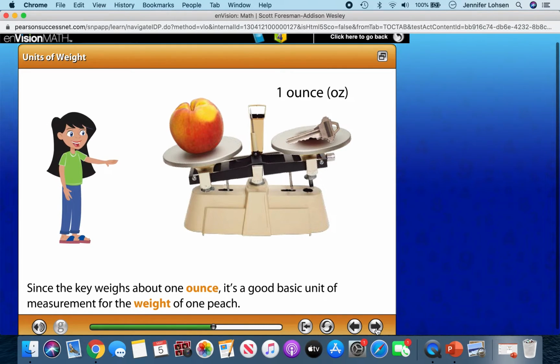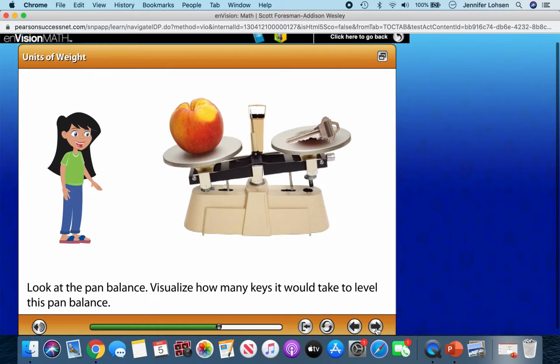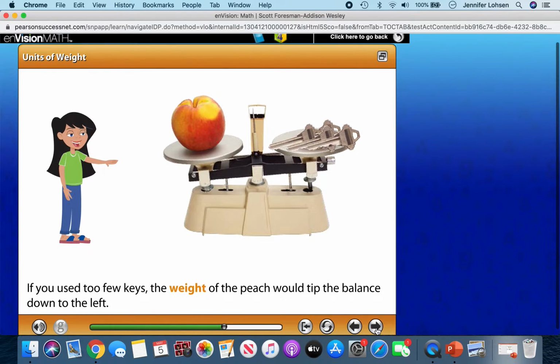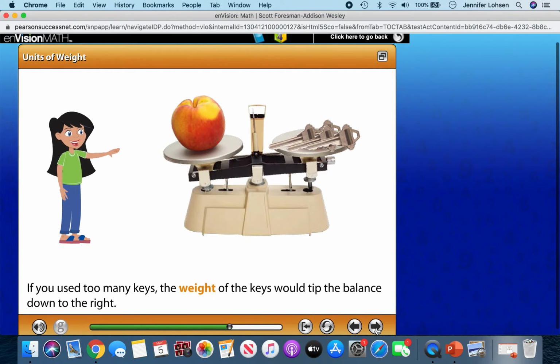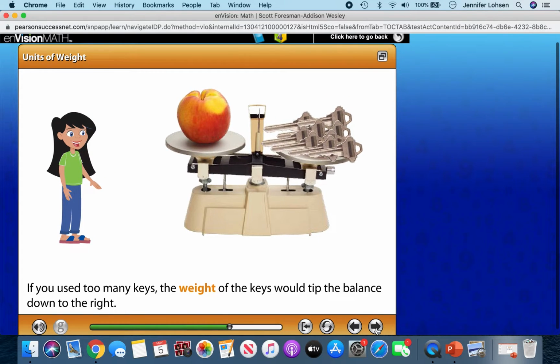Since the key weighs about 1 ounce, it's a good basic unit of measurement for the weight of one peach. Look at the pan balance. Visualize how many keys it would take to level this pan balance. If you used too few keys, the weight of the peach would tip the balance down to the left. If you used too many keys, the weight of the keys would tip the balance down to the right.